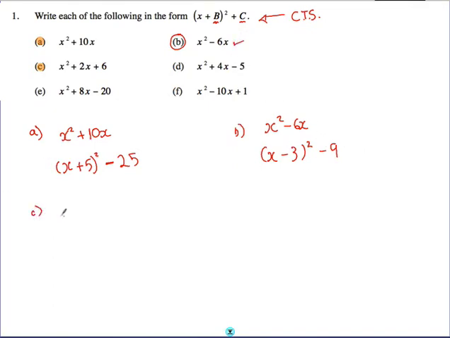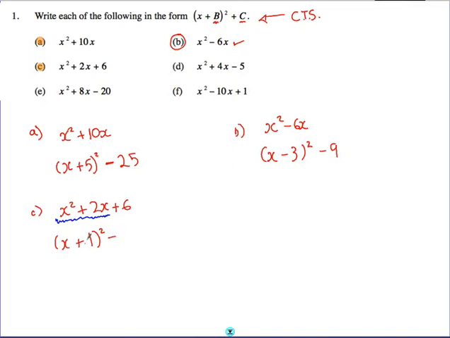Going on to question 1c, x squared plus 2x plus 6. Remember, we're just going to use the same technique as with question 1 a and b, with x squared and this plus 2x, and this plus 6 we'll deal with later. So x squared plus 2x, remember half the coefficient of x is 1, put it outside the bracket squared.